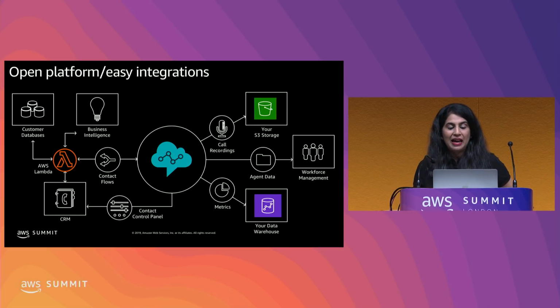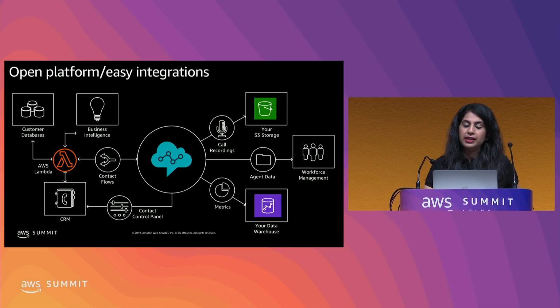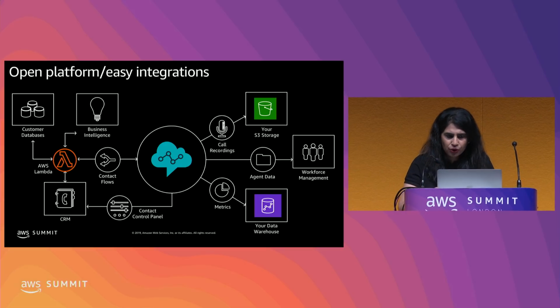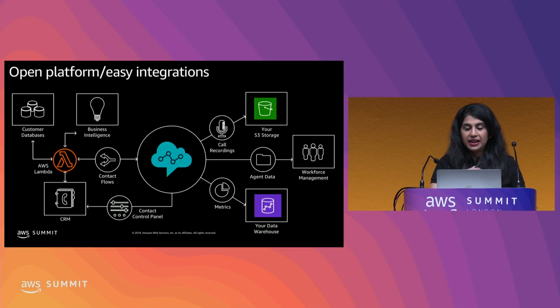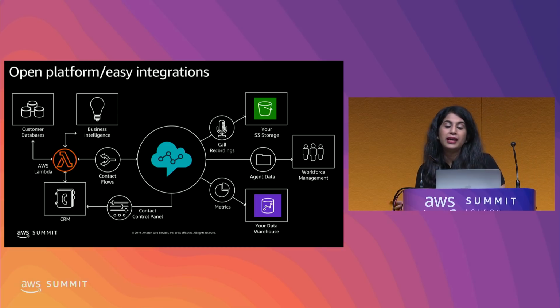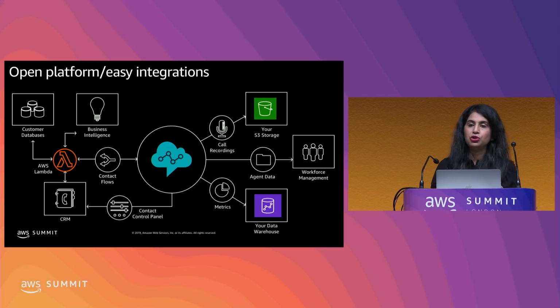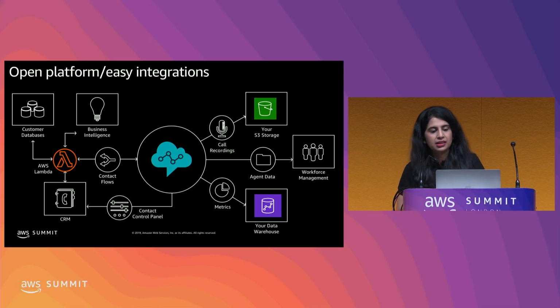The AWS platform services offer the ability to connect to a rich experience. For example, you can take all your call recordings and store them in an S3 bucket, or you can let the system generate the bucket for you. You can also connect the agent data to systems like workforce management or scheduling and forecasting, and the metrics are all available within the Connect application, but they can also be streamed to your data warehouse, and you can do this using Amazon Kinesis.